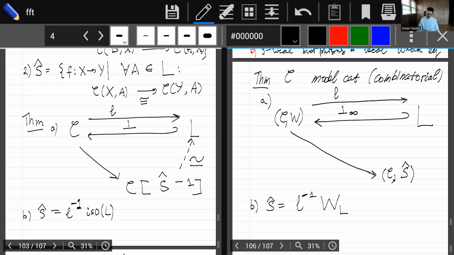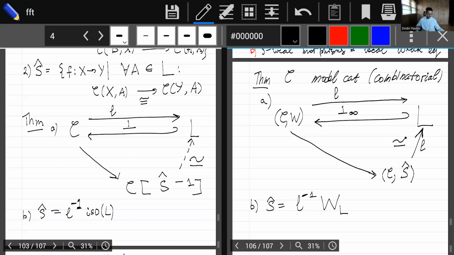And since the functor from C to L sends elements of W to weak equivalences, the same functor L descends to a functor here, which we can also basically call L. And the second part of the theorem tells you that this functor L is a weak equivalence of relative categories.